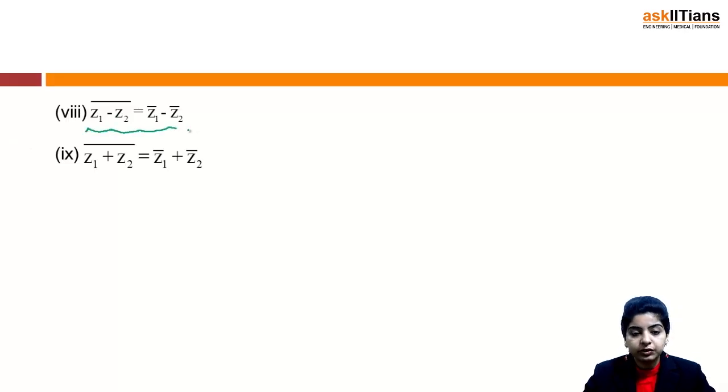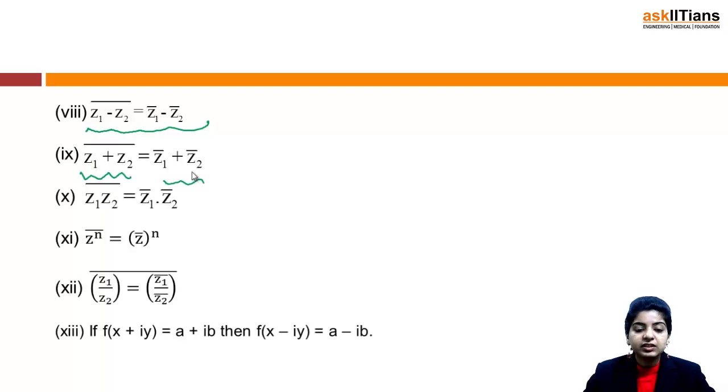You can try to solve out these properties. Then Z1 plus Z2 whole conjugate is equal to Z1 conjugate plus Z2 conjugate. Then Z1 Z2 whole conjugate is equal to Z1 conjugate into Z2 conjugate, and this is true for n numbers. We can have Z1 Z2 up to Zn whole conjugate is equal to Z1 conjugate into Z2 conjugate and so on up to Zn conjugate.